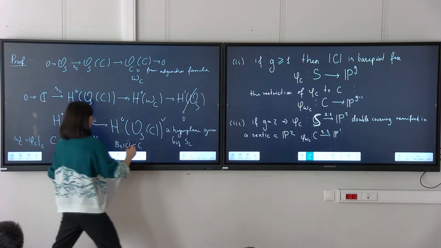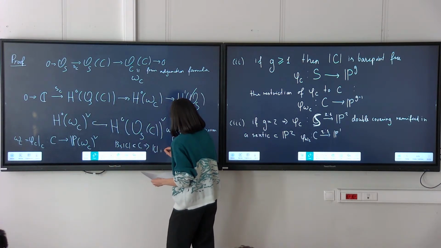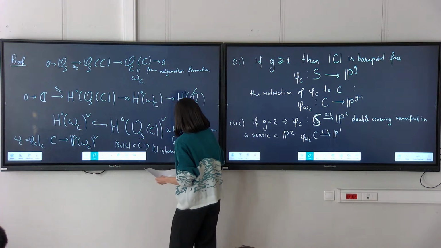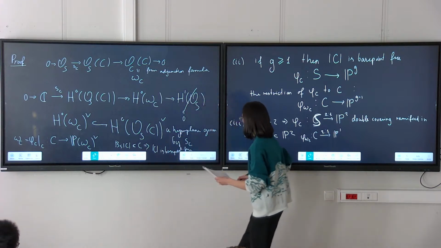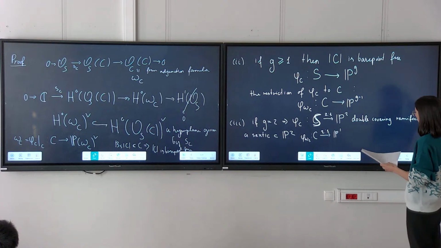So from this we obtain that C is base point free. Okay, so we proved this statement.